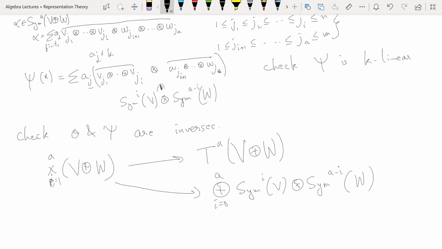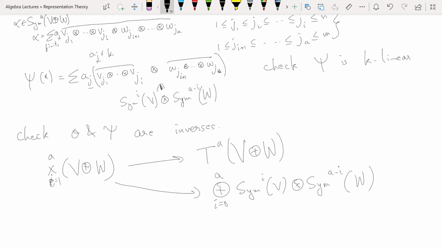So if there are i components in which you took a basis vector of V, then it should map to Sym^i V tensor Sym^(A minus i) W. That gives you a basis of the A copies of V plus W, and then you extend it linearly.